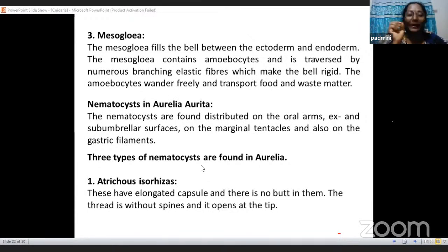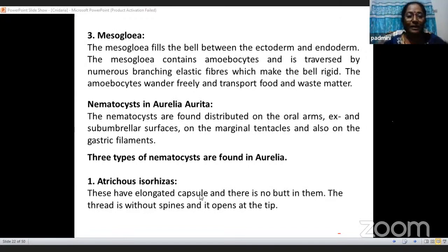Atrichous means without spines. The flagellum which comes out of the capsule doesn't have any spines on it, so that is called atrichous isorhiza. It has an elongated capsule, and there is no butt-like structure which helps in holding the thread.